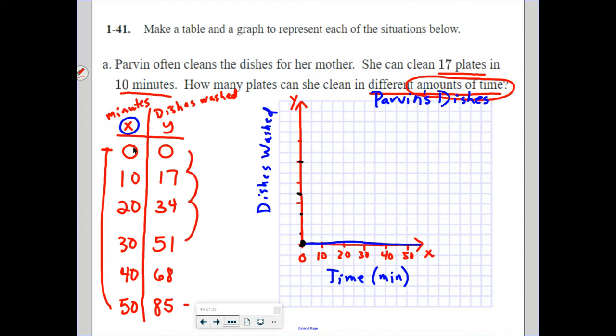Aren't these going by a consistent amount? Couldn't I just go by 0 and then 17 and then 34 and then 51 and then 68 and then 85, and then just go, oh, 10, 17, 20, 34, 30, 51, 40, 68, or 50, 85.